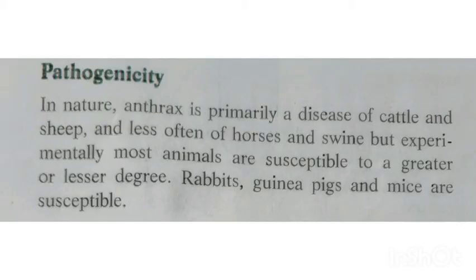Next is pathogenicity. Bacillus anthracis is the causative agent of a disease known as anthrax. Anthrax is primarily a disease of cattle and sheep, and less often horses and swine. But some other animals like rabbits, guinea pigs, and mice are also susceptible to this infection.